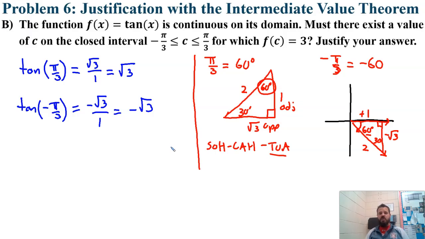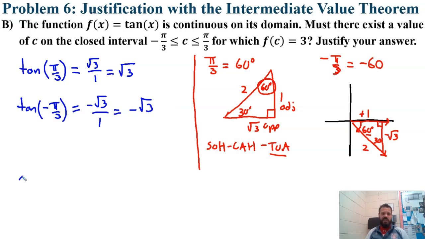All right, so here's the issue with this one then. F of negative pi over 3 is negative root 3. F of pi over 3 is root 3. We want to try to figure out if the function's ever equal to 3. That's outside this interval.